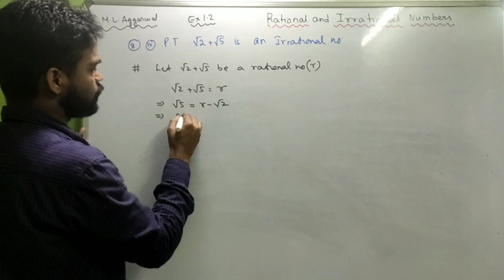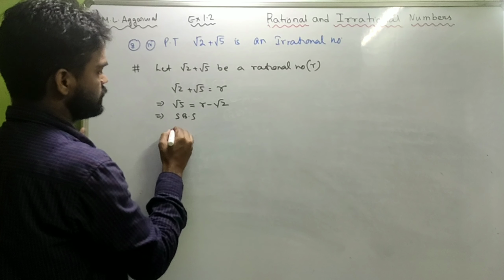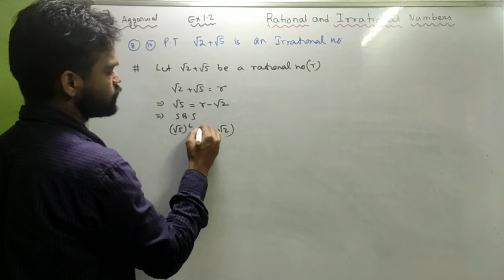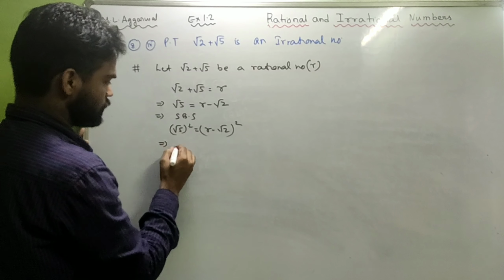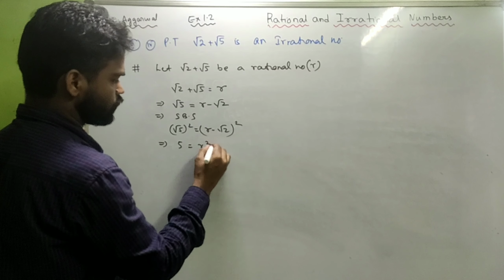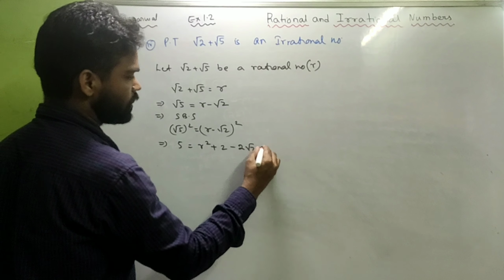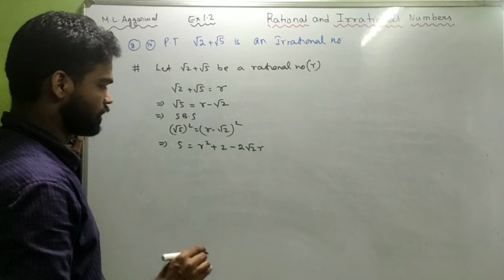Squaring both sides, can I write root 5 square equals r minus root 2 square, which is 5 equals, this is a square plus b square minus twice ab. Am I clear?